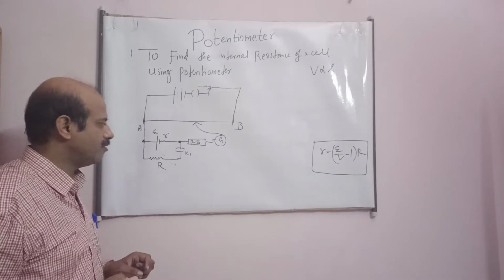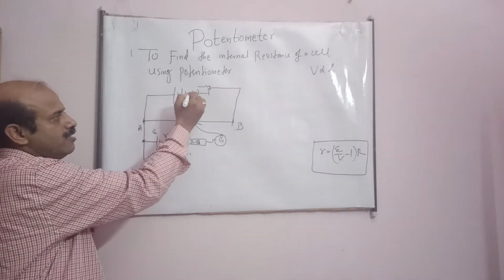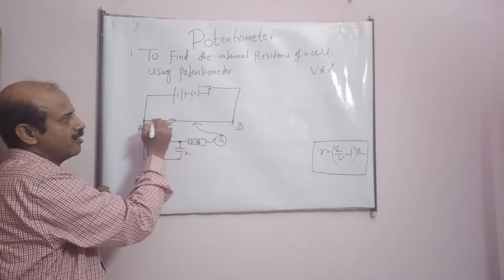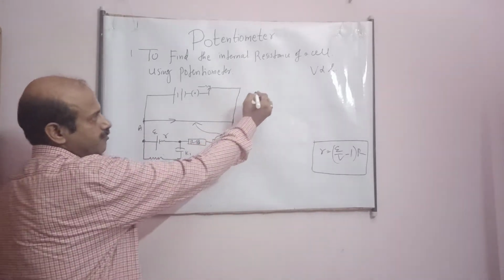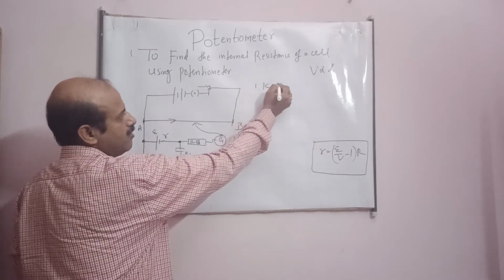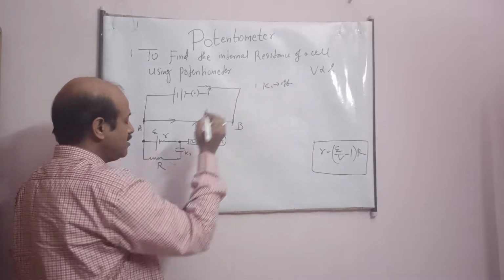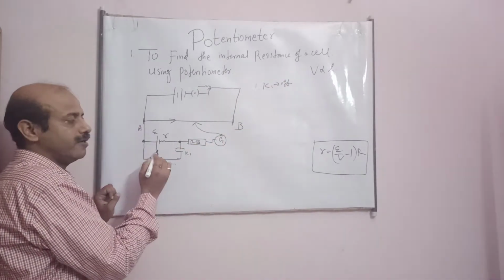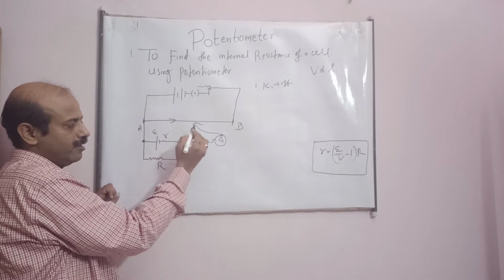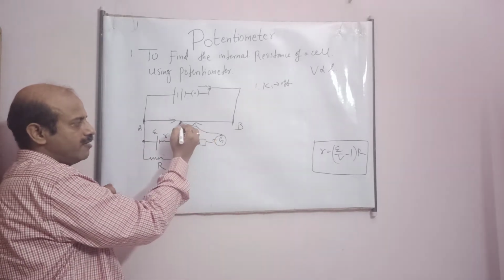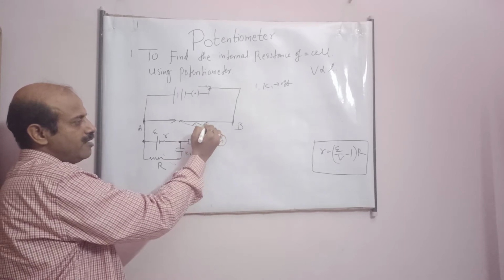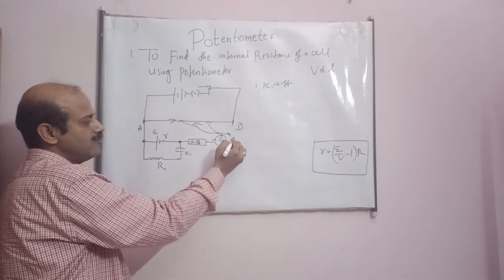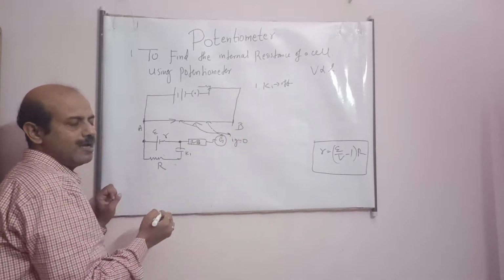Okay student, now the method. This key is always on, a constant current is flowing across this potentiometer wire, student. This key is off. First, K1 off, means now this is not included in the circuit. Now the current is flowing. Again, student, I will touch at different points and try to find the null point. Say here I am getting Ig equal to 0. So what is happening, student?